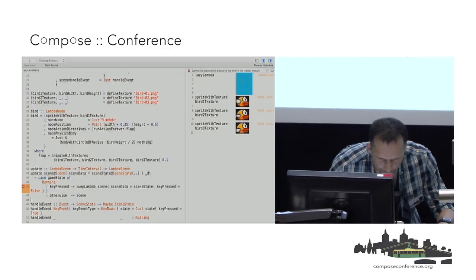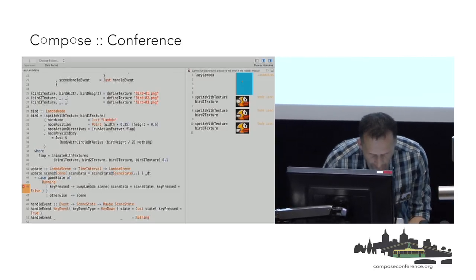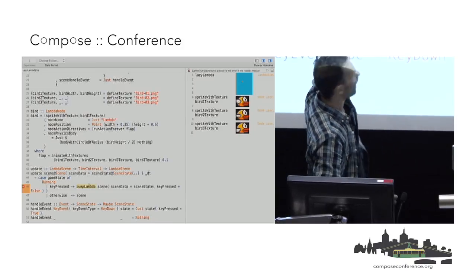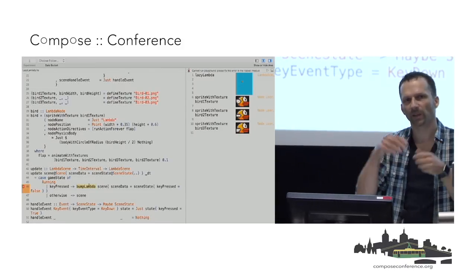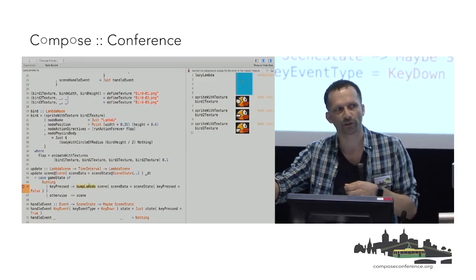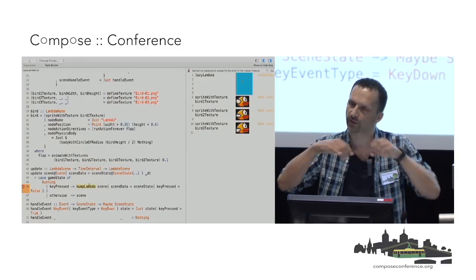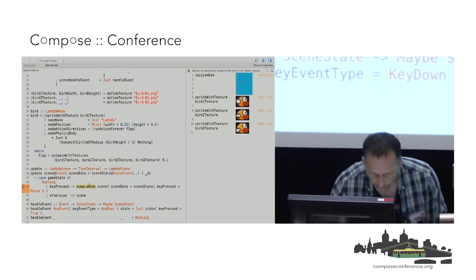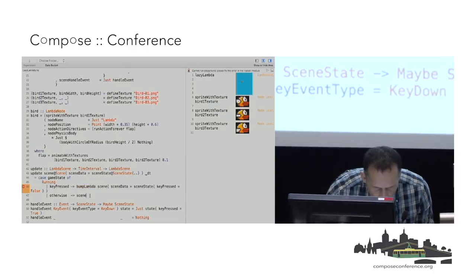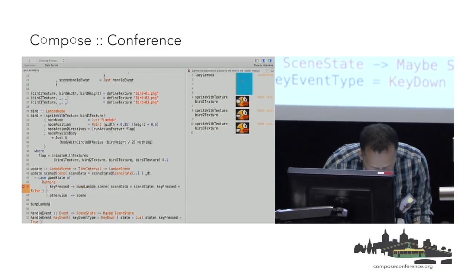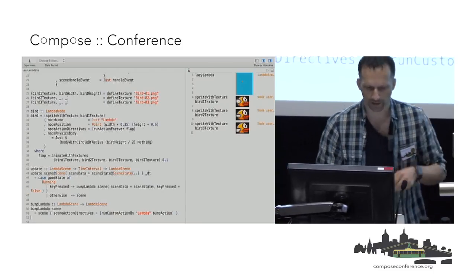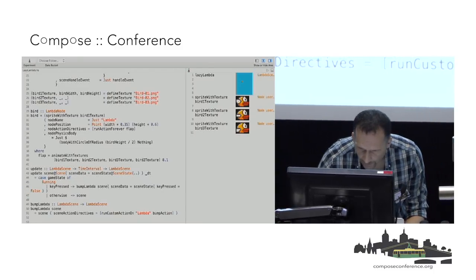And this update function, whenever a key is pressed, calls this bump lambda, bump it up. So we want to add an action dynamically. When a key is pressed, we add an action to the tree, not like before where we added the actions when we constructed the thing. We do that dynamically now. And bump lambda is calling actions which are predefined in a different file.